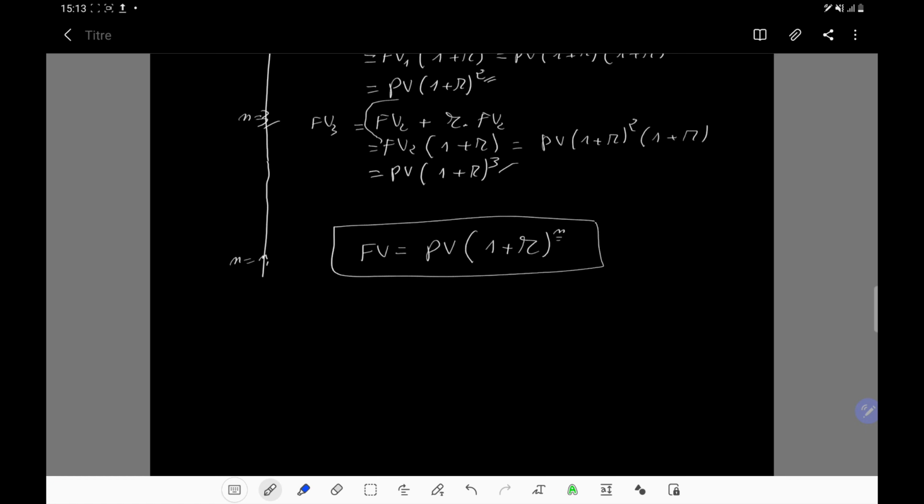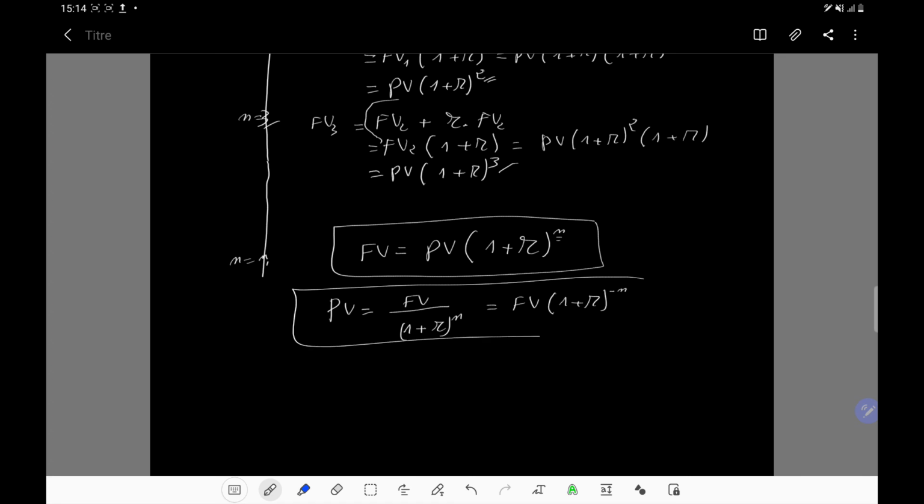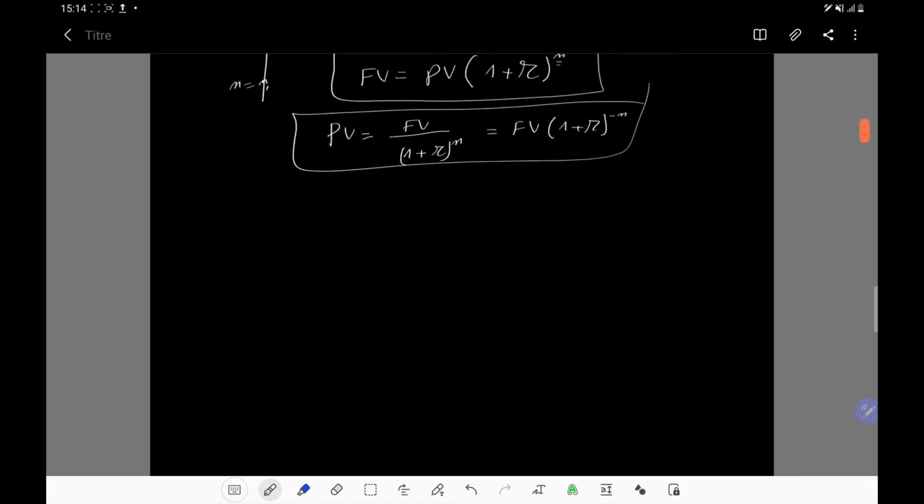Okay, if I need, for example, the present value, I will use the same formula. Present value equals future value divided by 1 plus r to the power of n, which equals future value times 1 plus r raised to the power of minus n. Okay, now let's answer the question, how much is $100 worth in 10 years time?